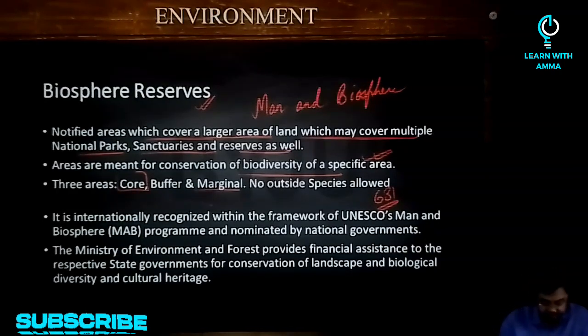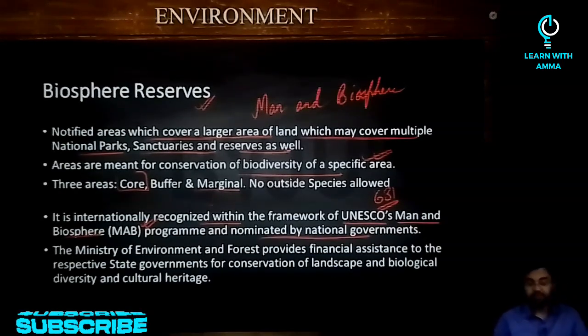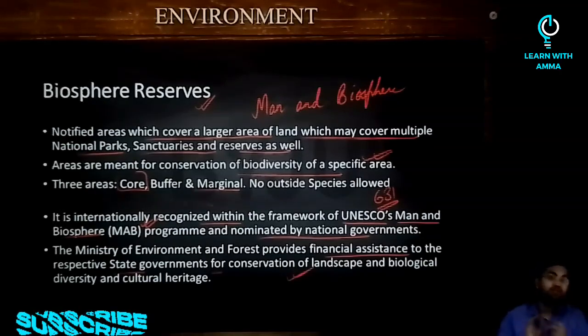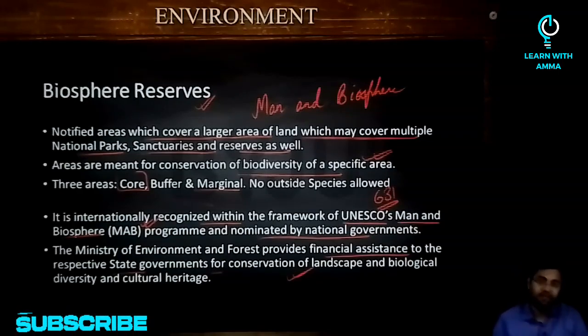Then the next, as we already discussed, it is recognized within the framework of UNESCO's Man and Biosphere program and nominated by the national governments. And finally, the Ministry of Environment and Forest provides financial assistance to the respective state governments for conservation of landscape and biological diversity and cultural heritage.